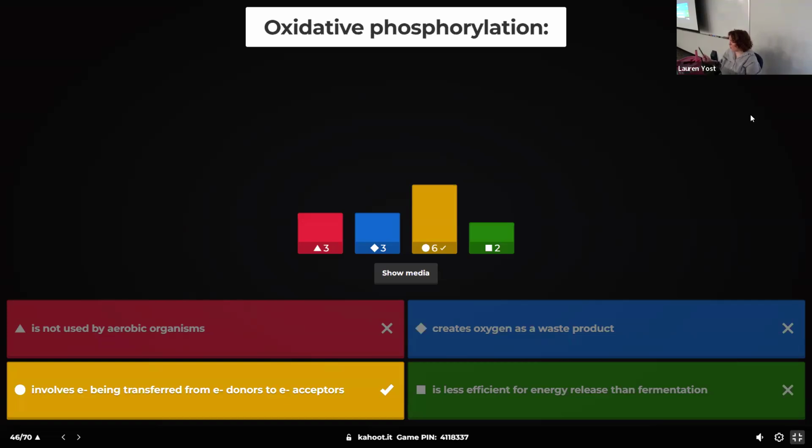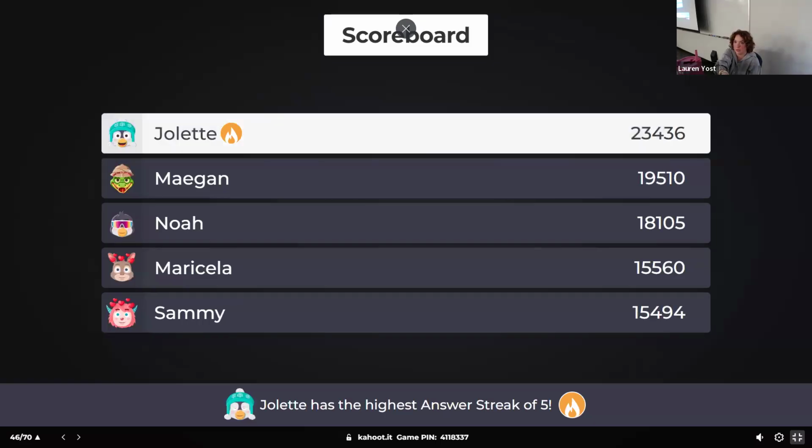In the case of the electron transport chain, that's our cytochromes. So we're moving electrons off of NADH and FADH2 and onto our cytochromes and shuttling them through the electron transport chain. The movement of those electrons from donor to acceptor is what drives creating the proton motive force. And that allows us to phosphorylate ADP into ATP. So that whole process of the electron transport chain is really oxidative phosphorylation. And that's how we're making ATP from the electron transport chain.